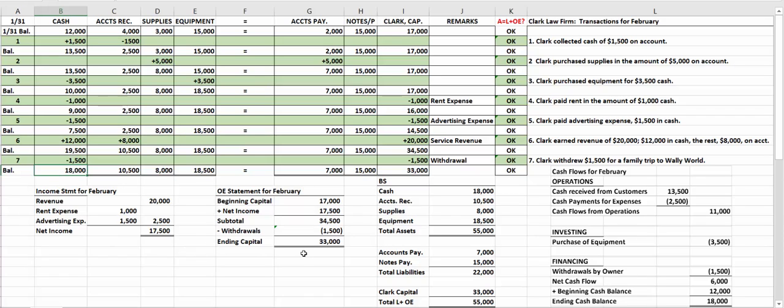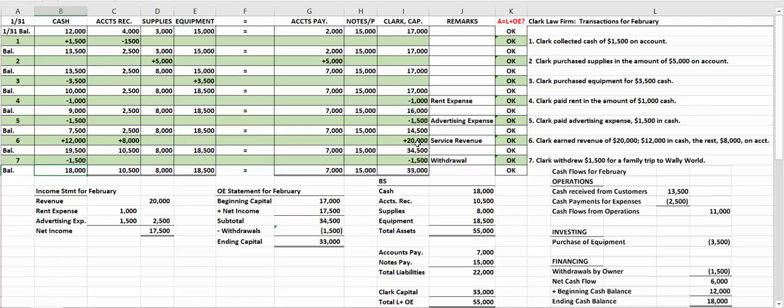All right, something I wanted to show you here is how we derive the financial statements. We always start with the income statement. It's over here on the left, and the revenue is from transaction 6 here, $20,000. In fact, your entire income statement comes from this last column here.